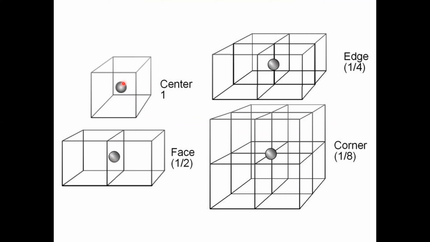At the middle, you count 1 atom directly. At the corner, it is 1/8, at the edge it is 1/4, and at the face it is 1/2.